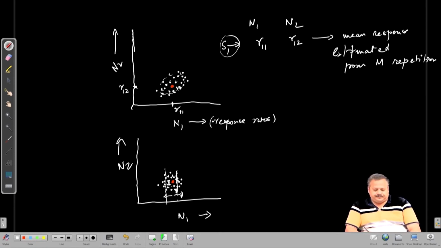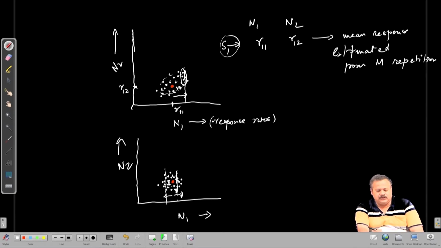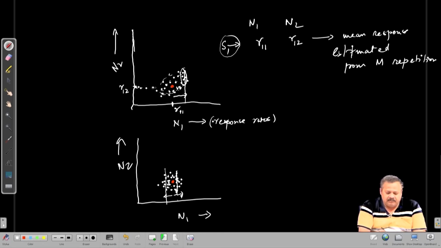However, let us say there is a tendency of neuron 1 and neuron 2 to co-vary, that is, they vary together around the mean. Then when neuron 1's response increases beyond its mean, there is a higher chance of neuron 2's response also being above neuron 2's mean. So this is our mean and so it is above.